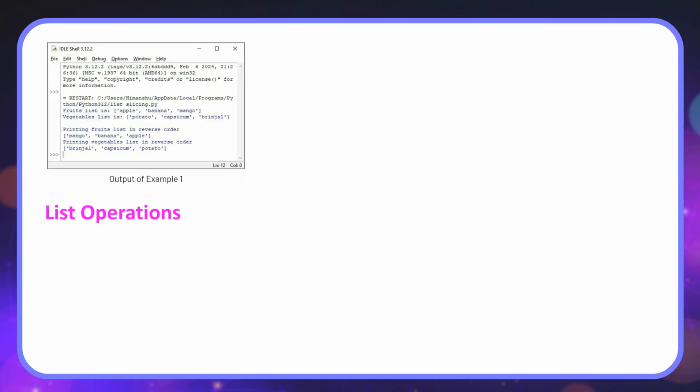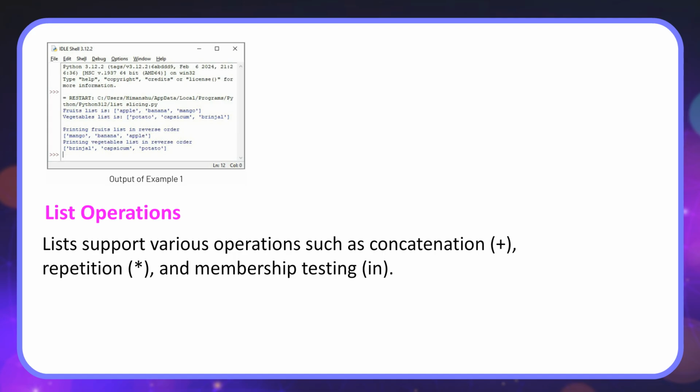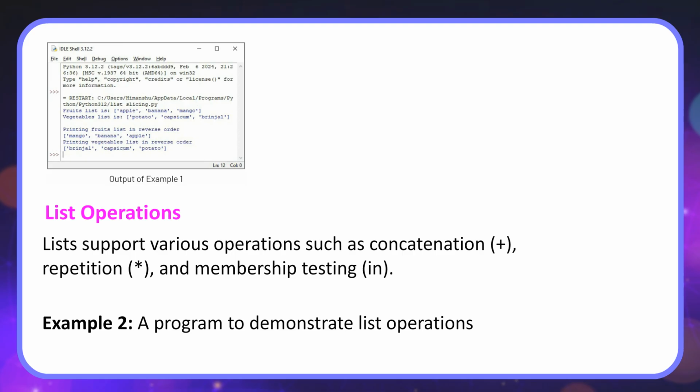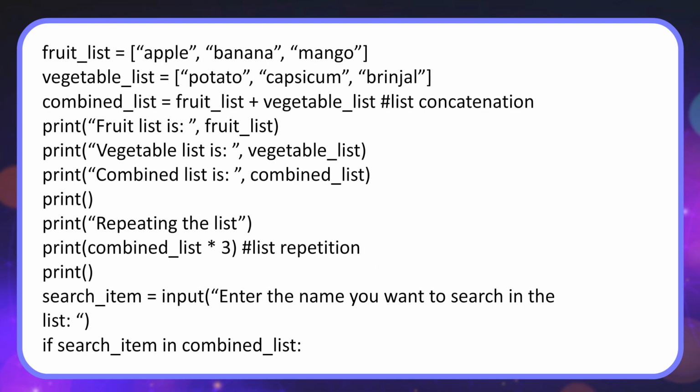List operations. Lists support various operations such as concatenation (plus), repetition (asterisk), and membership testing. Example 2: a program to demonstrate list operations. fruit_list = [apple, banana, mango], vegetable_list = [potato, capsicum, brinjal], combined_list = fruit_list + vegetable_list, list concatenation.